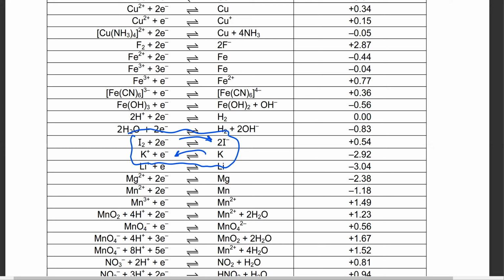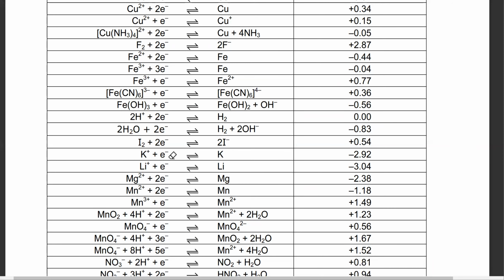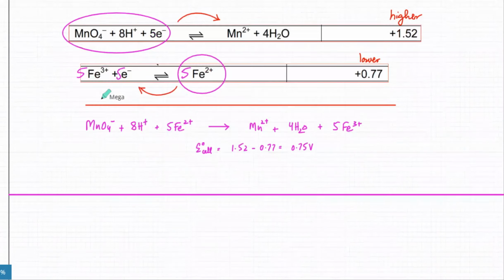Now the thing is that reactions are not exactly that straightforward, because they don't give you exactly what electrode to use. Life would be very simple if they just told you exactly, you're reacting this with this, right? But that is not how reactions work.